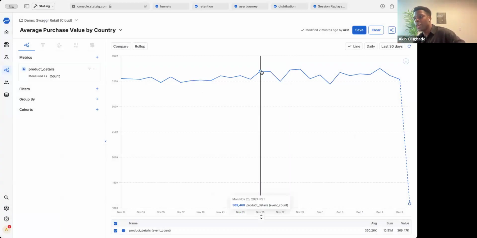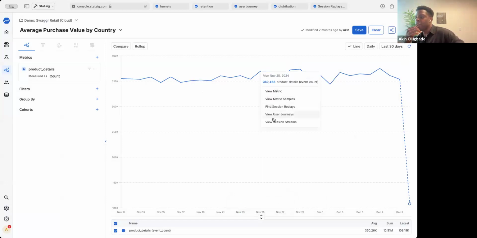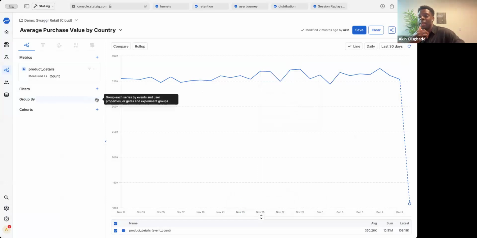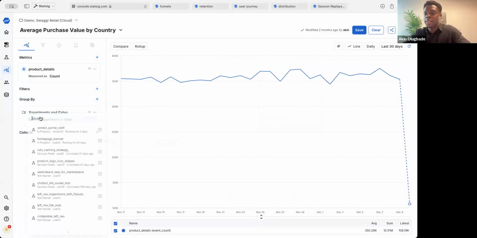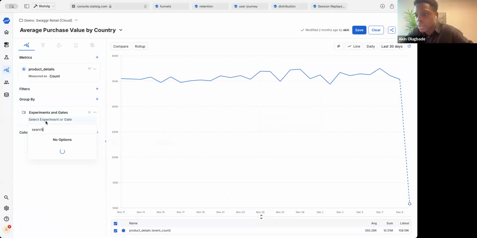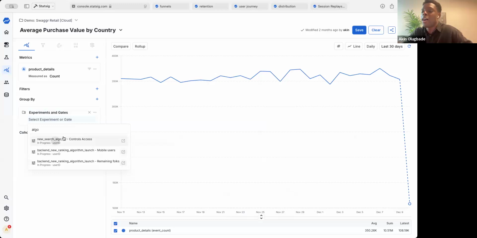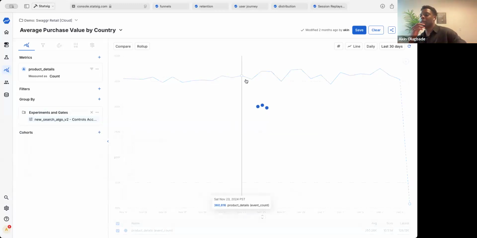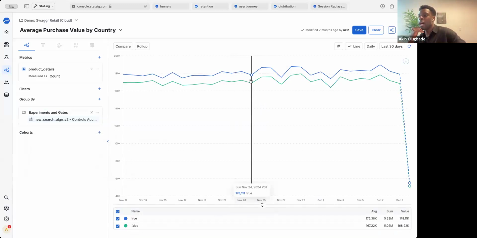But another thing you can do is, for these events, you can also just jump to find session replays of that thing happening. And if you did something like group by an experiment or feature gate, when you look at those session replays, they will be automatically split out or filtered to that feature gate that you care about.